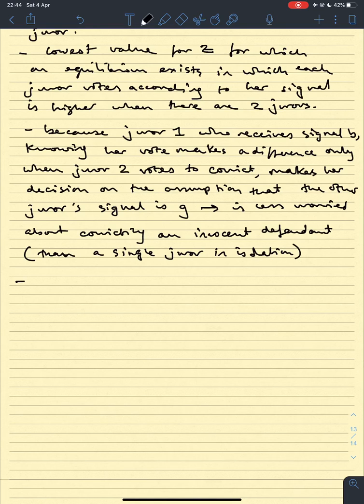Okay. So what this is essentially saying is that the minimum required, so the minimum Z for conviction when it's two jurors, means that juror 1, in order to listen to her signal, requires basically a higher probability of assurance that the defendant is in fact guilty, right?